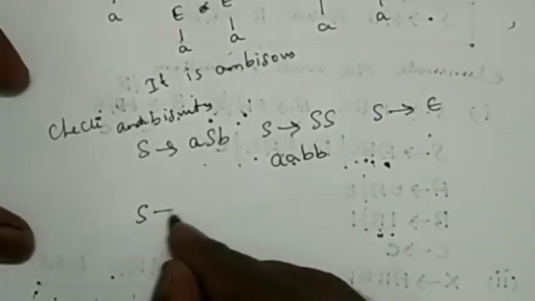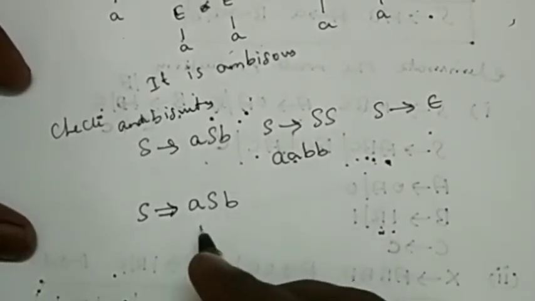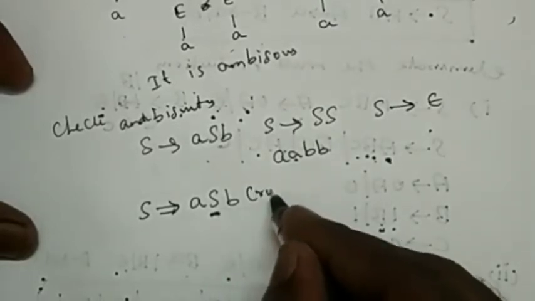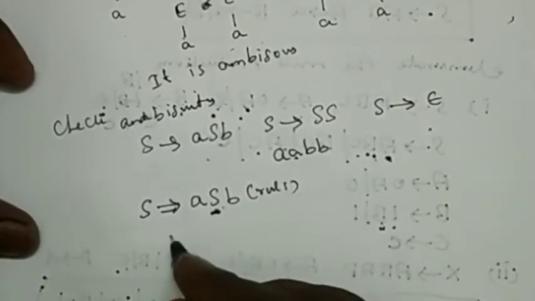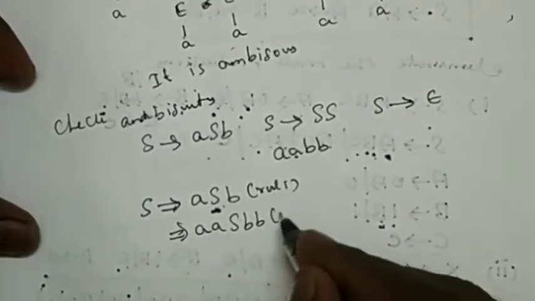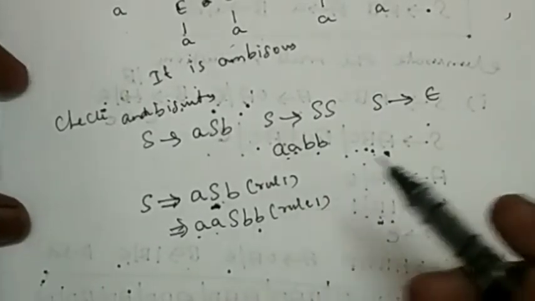Now you replace S by the first rule, A S B. Since S can be replaced by rule number 1, when you replace S again by rule number 1, you will get AA S BB. Now I want to derive only AABB. Already I have 2 A's and 2 B's, which is actually required.